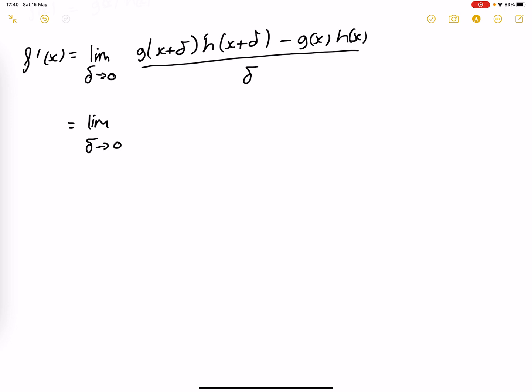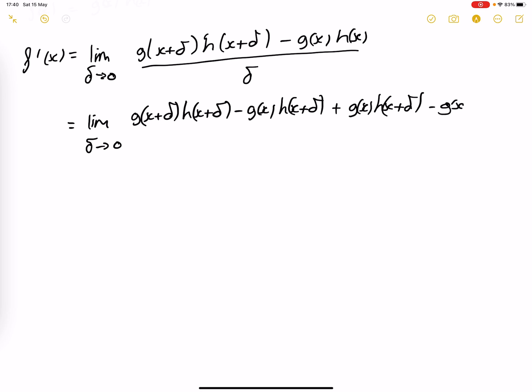So, the limit as delta tends to 0 of g of x plus delta times h of x plus delta, minus g of x h of x plus delta, plus g of x h of x plus delta. So we've minused and then we've added it. Minus g of x h of x.